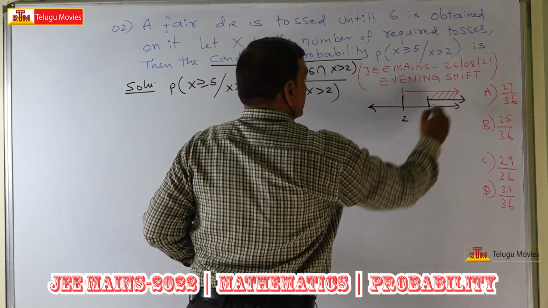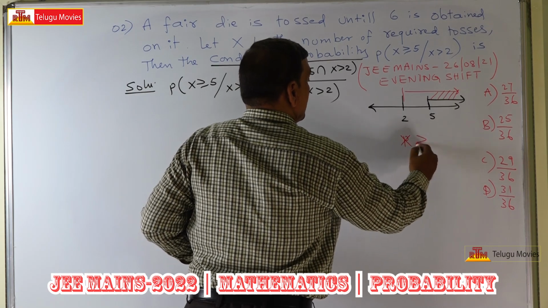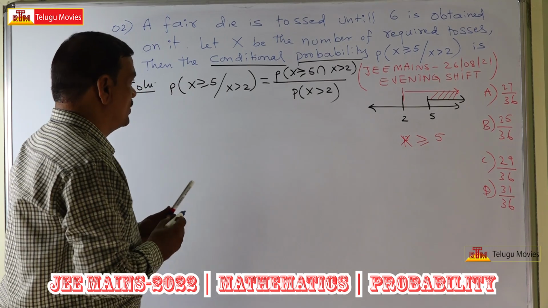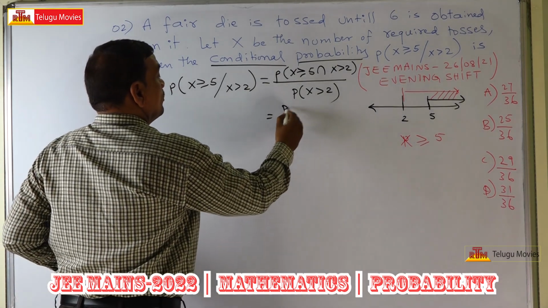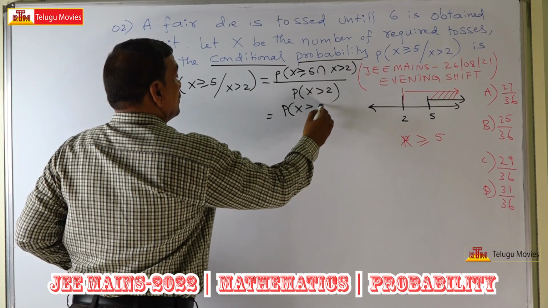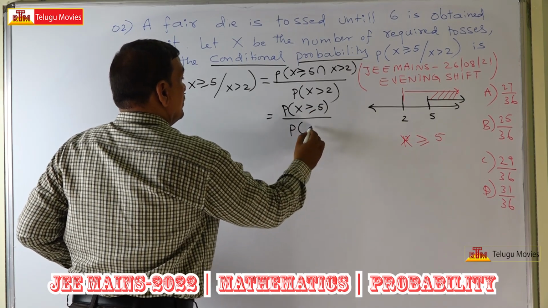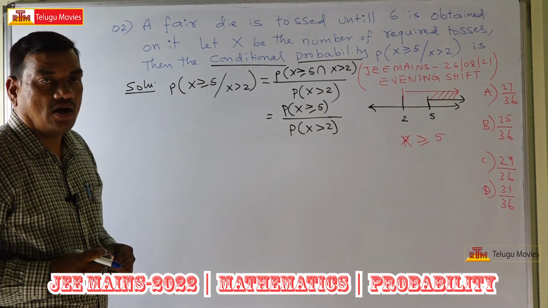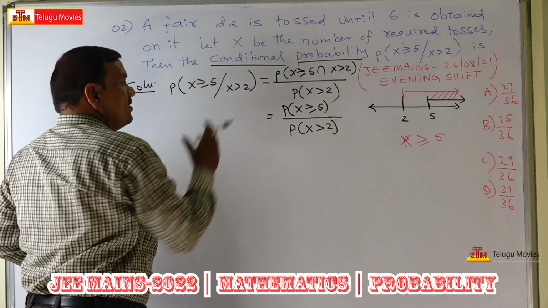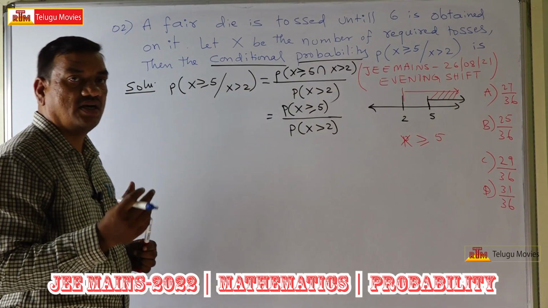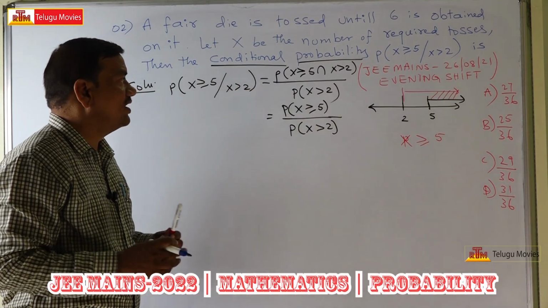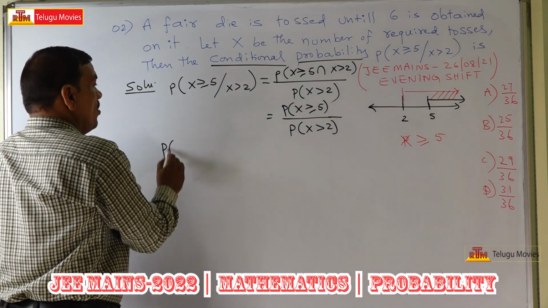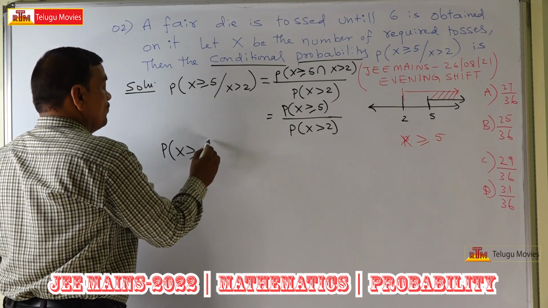This is the intersection, that is x greater than or equal to 5 you will get. So this is equal to probability of x greater than or equal to 5 by probability of x strictly greater than 2. Okay now. So now I will find out the value of the numerator separately, and the value of the denominator separately. Okay. So first take the probability of x greater than or equal to 5.